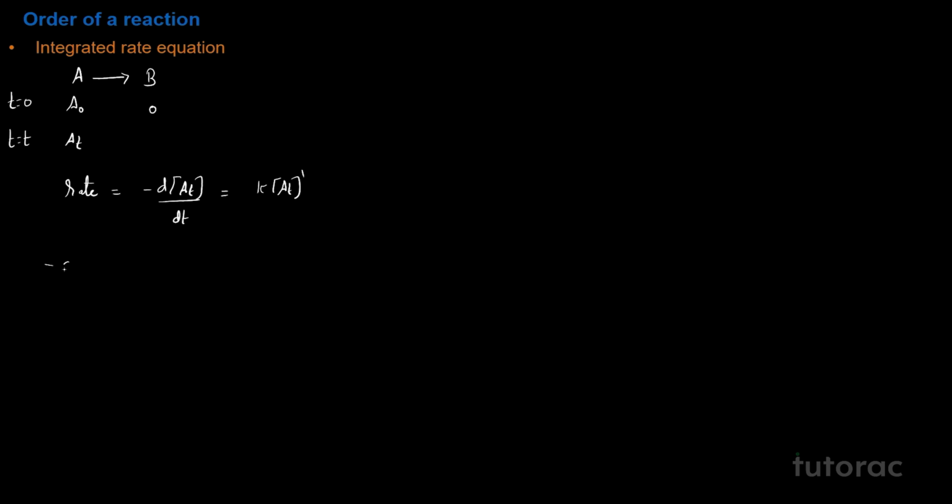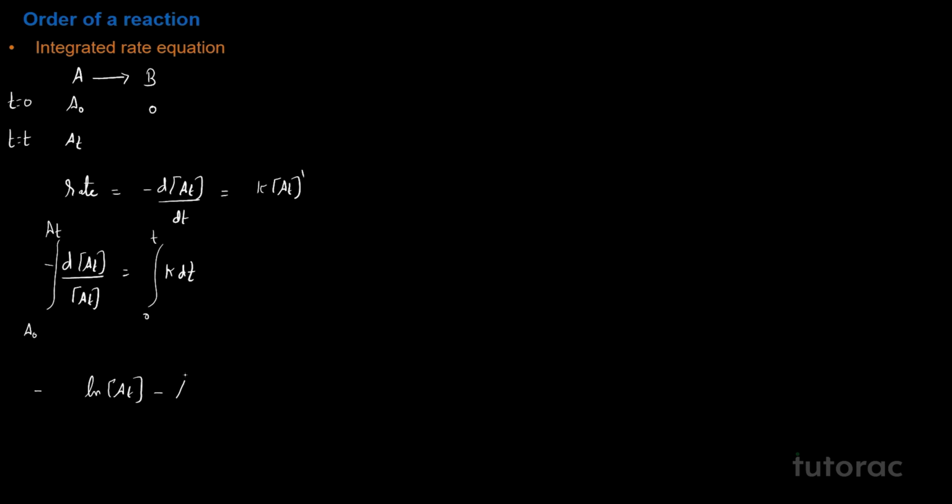Solving it, minus dAt by At is equal to k dt. To get the integrated rate equation, we have to integrate both sides from concentration A naught to At and from time 0 to time t.